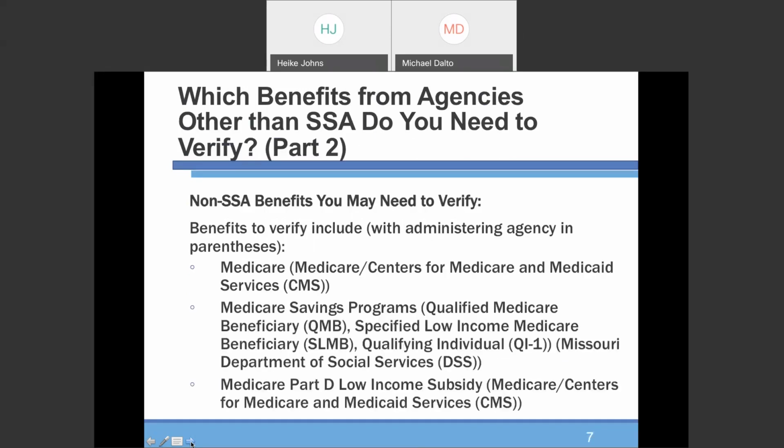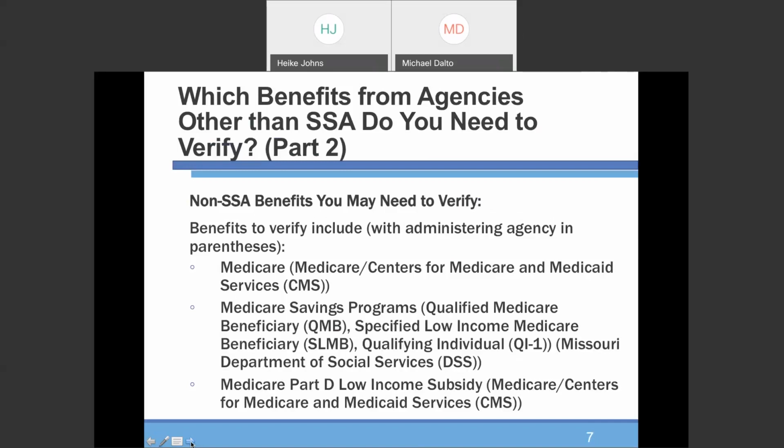So some of the non-SSA benefits that you may need to verify include Medicare, which you can contact Medicare, part of the Centers for Medicare and Medicaid Services, also known as CMS, to verify.